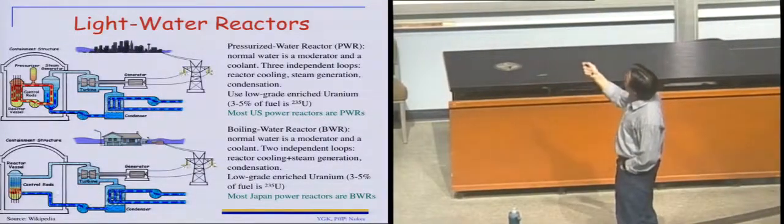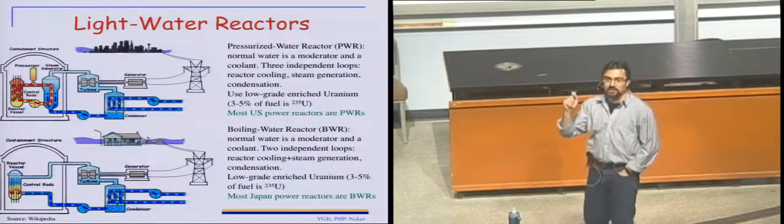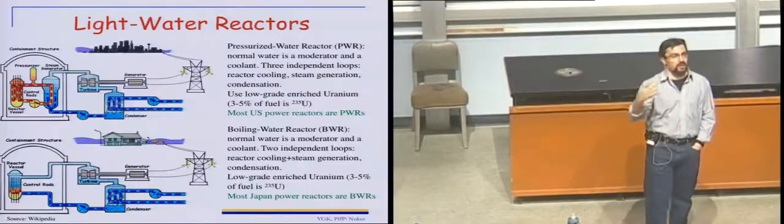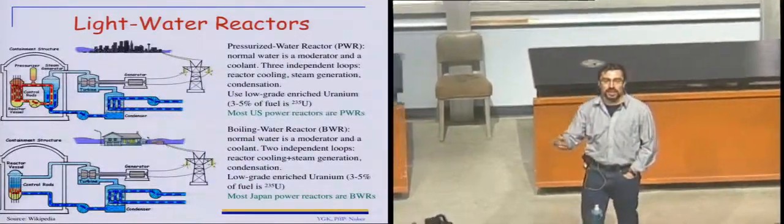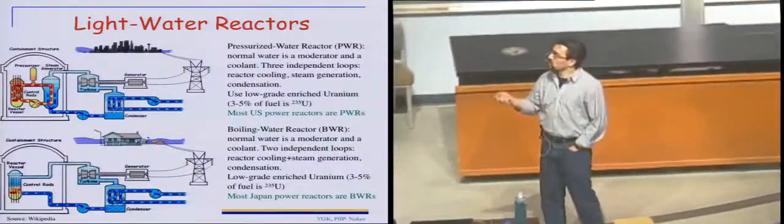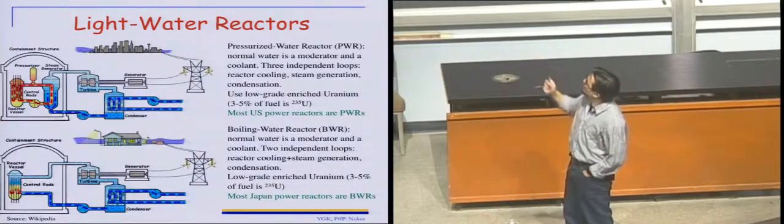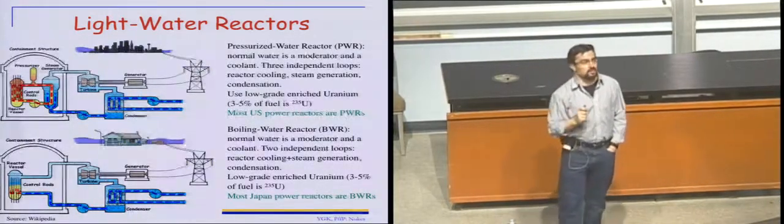They run a single circuit that passes water through the reactor core, that moderates neutrons, providing sustained nuclear reaction, cools it, and at the same time this water is allowed to evaporate, be converted into steam that then is directly impinging on the turbine.